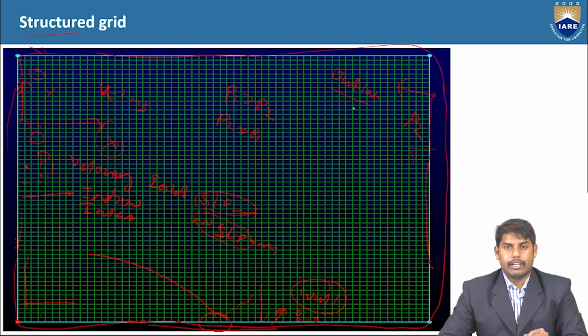That's why we are giving an outlet or outflow boundary condition. We can give it as a pressure outlet, or we can give vacuum pressure. There are other boundary conditions which we'll look at in further lectures.